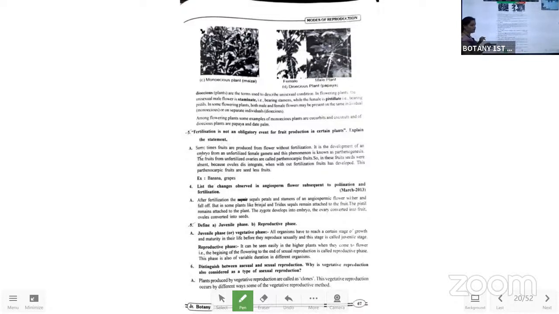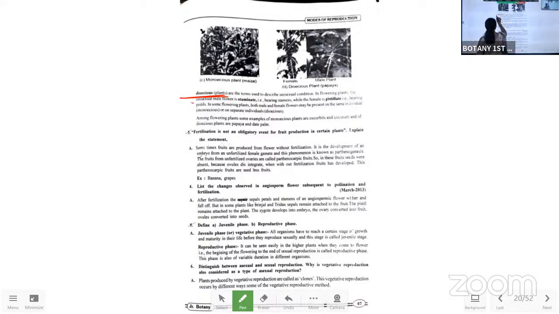Only the plant on which fruits occur is considered the female plant, and the other plant with no fruits is the male plant. So like that, the plants are dioecious. That means two different plants are present where we can separate the plants by their sexes, the male sex organs and the female sex organs. That's what we have to write.